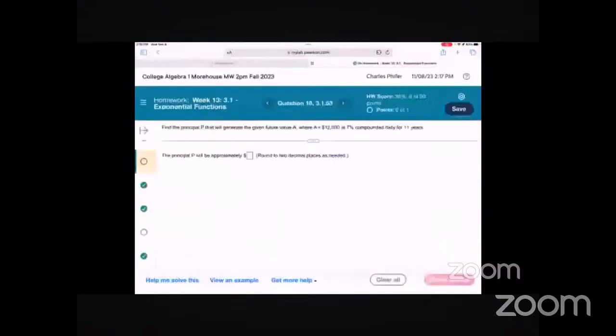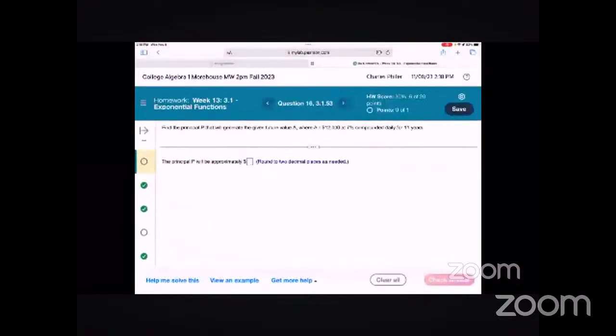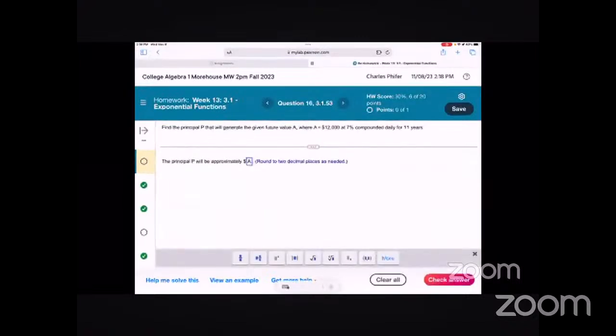Okay. Find the principal that would generate this future value. So compounded daily, so we're using our compound interest formula. The future amount is going to be the principal times 1 plus r over n to the power of nt.